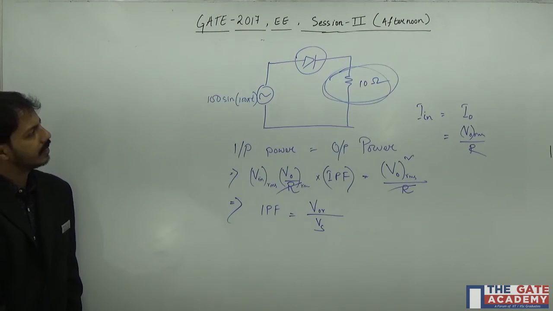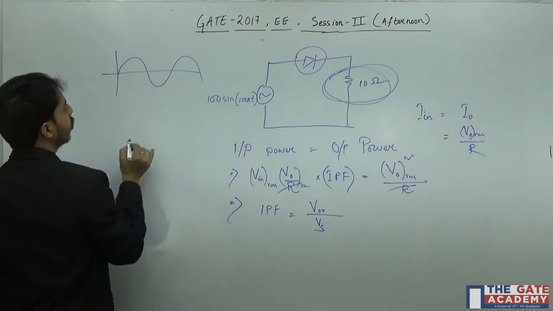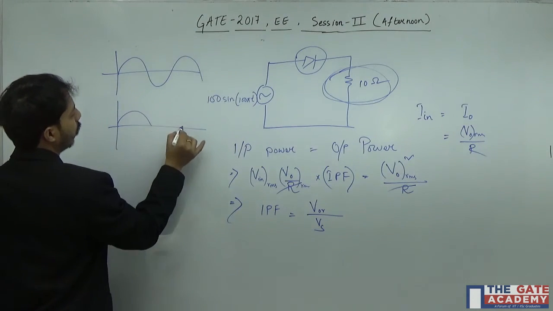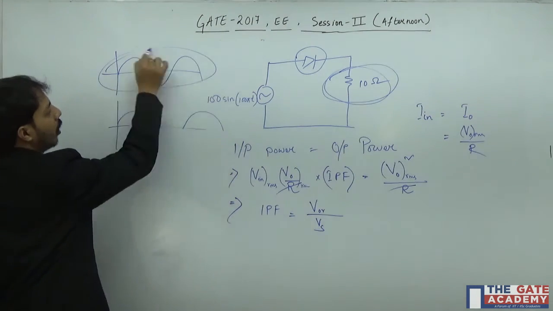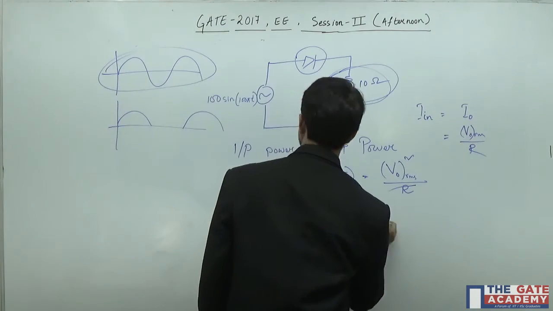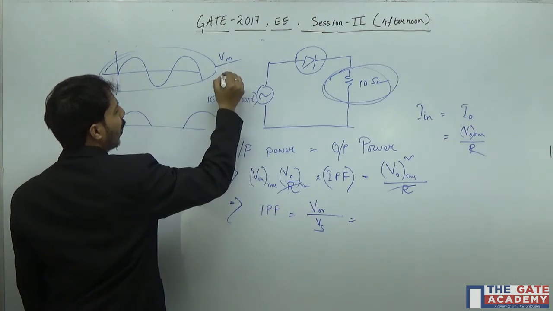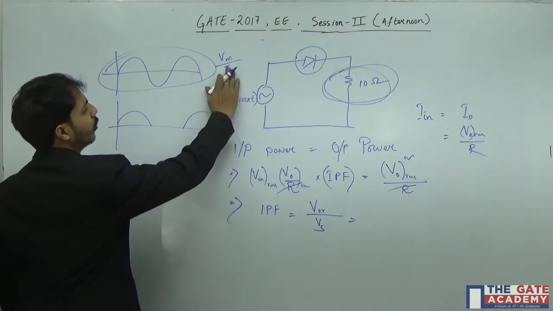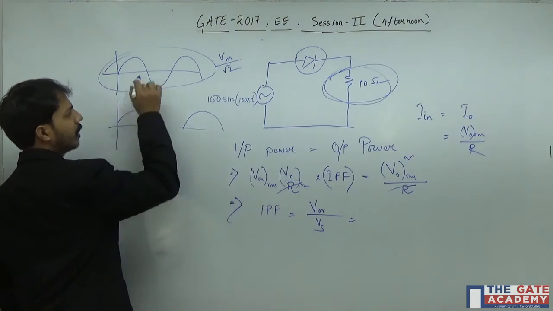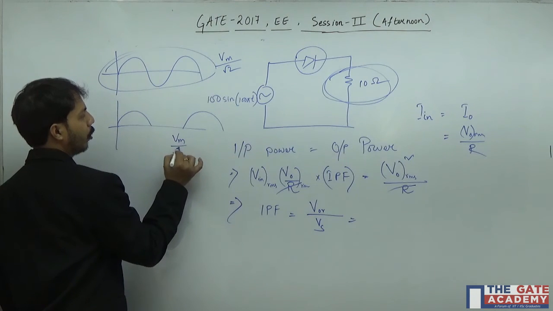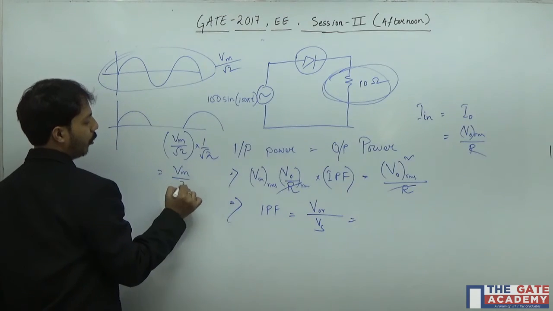Okay. Now you see, since this is a diode, we know this is my input, my output will be this. Okay, so the RMS value of the input is Vmax by root 2. For this, since this is half of this, so Vm by root 2 into 1 by root 2, which is nothing but Vm by 2.